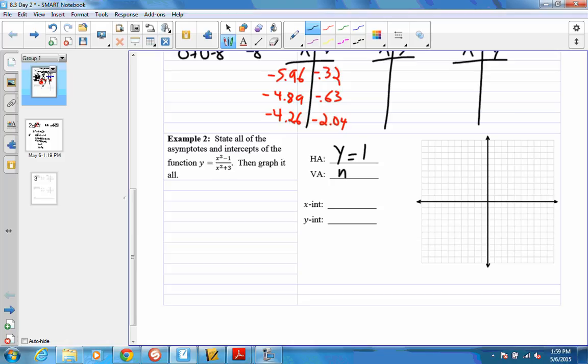You can't put 0, because that means your vertical asymptote is 0. There are no vertical asymptotes. And you tell that by the denominator, because you subtracted 3, then you took the square root of -3, which is an imaginary number, and I don't want imaginary numbers.